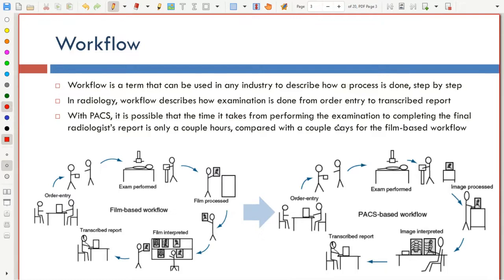So for example, for someone to get a radiograph or undergo an X-ray examination in a hospital, if you're talking about a film-based workflow, you have to request that particular film. You have a referral from a doctor and go to the front desk, and you ask to have an appointment to make a radiological scan.